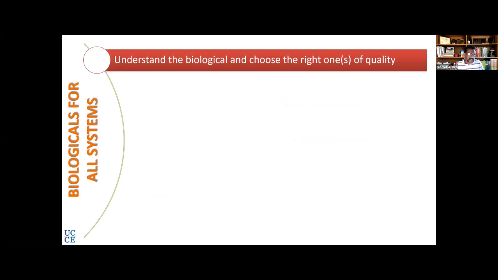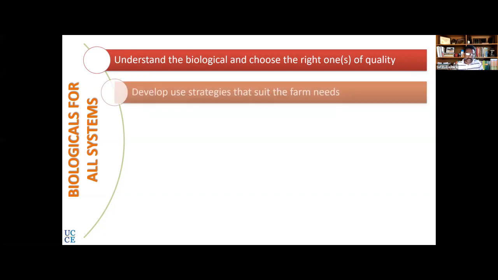Then finally, some strategies. How do we use biologicals? As you could see, there is a lot of information, a lot of categories. It is important to understand what it is and choose the right ones for the right purpose, and especially of good quality. And then again, we have to develop the strategies now that we know all these materials are available.